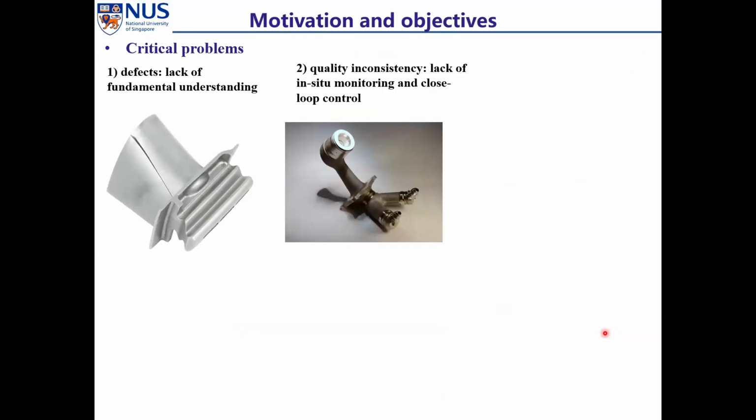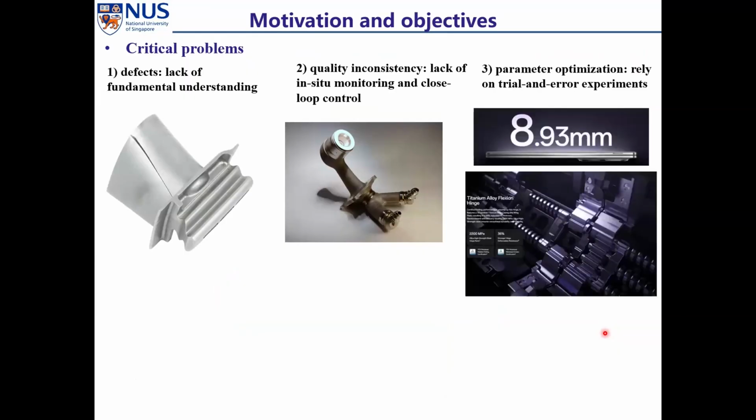Second is the quality inconsistency, because current additive manufacturing is still open loop control. The in-situ monitoring and closed loop control are still at a very early stage. And thirdly, in real industry applications, people rely on very heavy trial and error experiments to get the optimal manufacturing parameters.